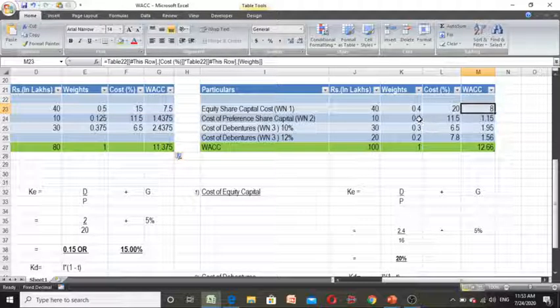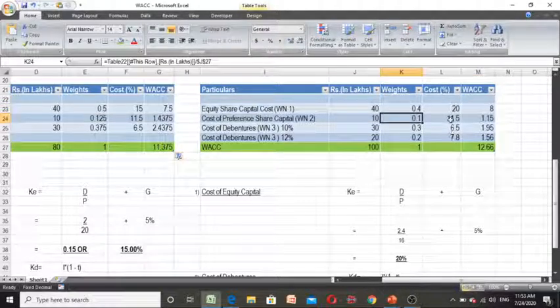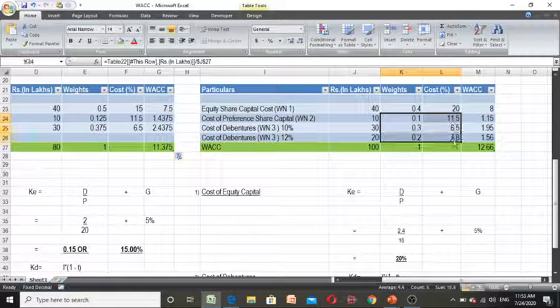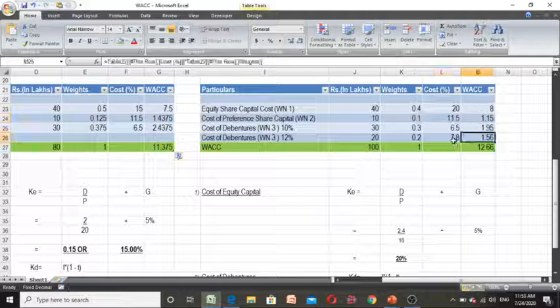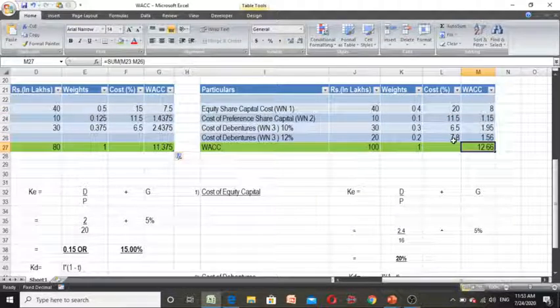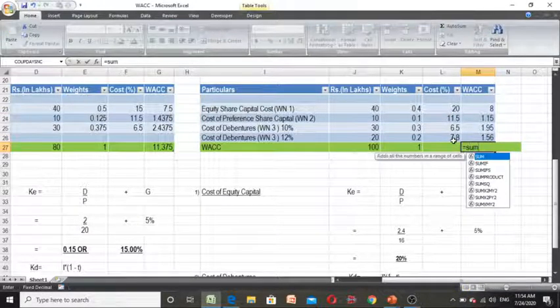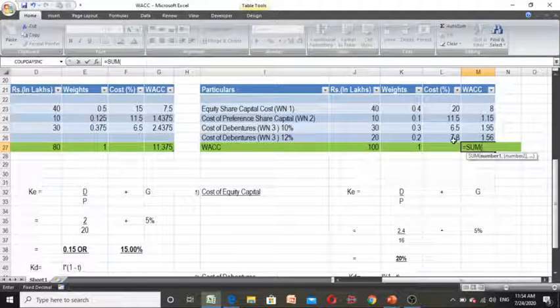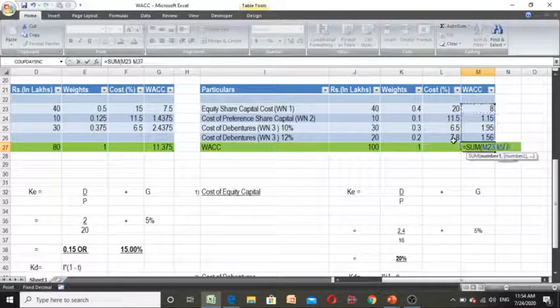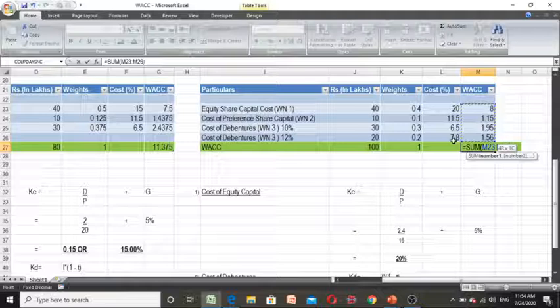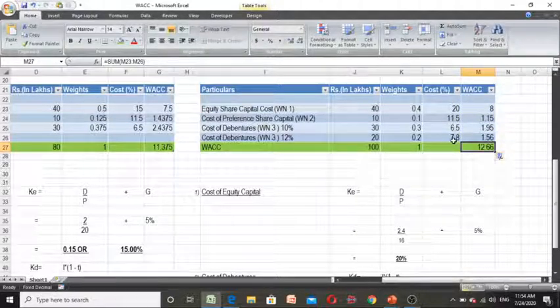Similarly, we have to find it for all the remaining three rows. Okay. So finally we apply the formula of sum and select the cells. Press enter and get the final answer as 12.66.